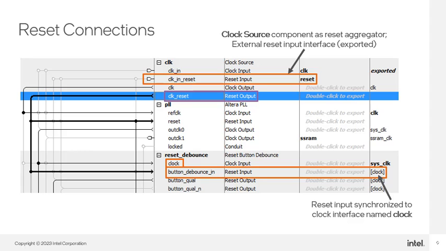For all reset interfaces as well as other non-clock interfaces, the clock column indicates which clock interface on a component is the clock input interface used for synchronization of that interface. For example, the highlighted button debounce in reset input interface is synchronous to the clock input interface named clock on the reset debounce component.